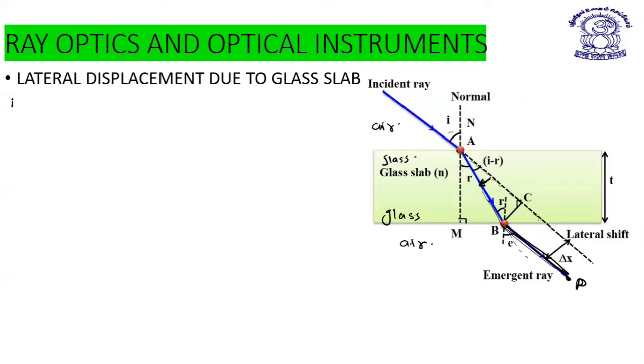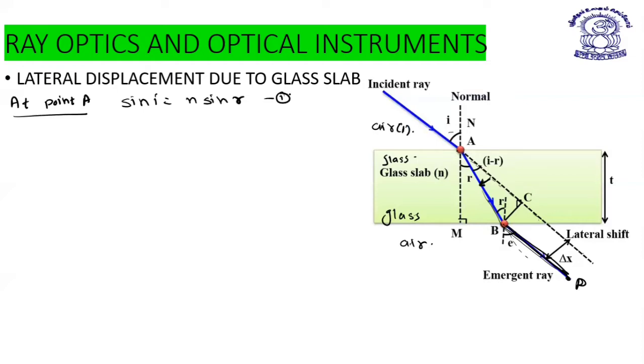At point A, we can apply Snell's law. So let's say the refractive index of air is 1 and the refractive index of the glass slab is n. So we can write sine I is equal to n sine r.